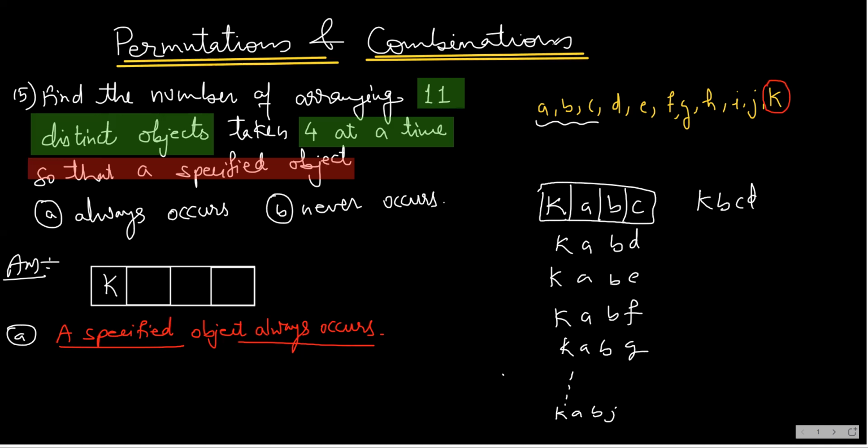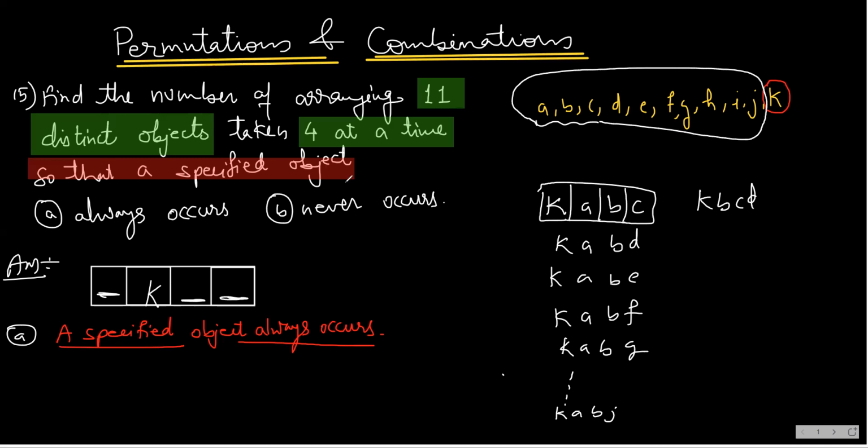But there is quite a possibility that K is not the first. K is the second. Yes, what you are saying is perfectly correct. You can have K at the second place. So when K is here, there are total 4 objects, so these remaining 3 will be filled by the remaining 10.